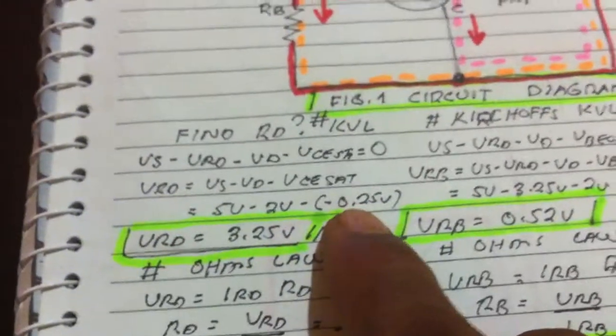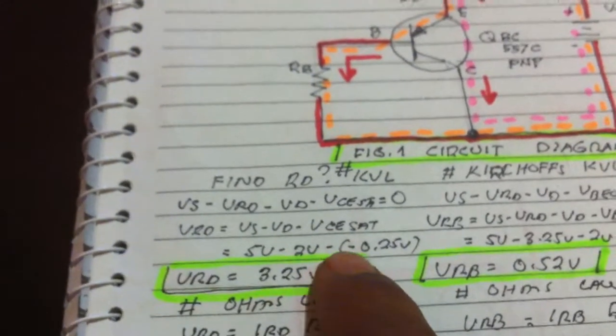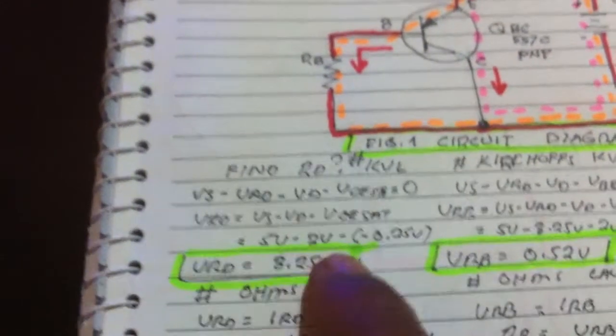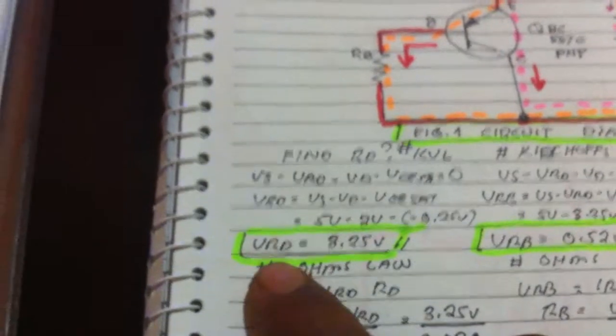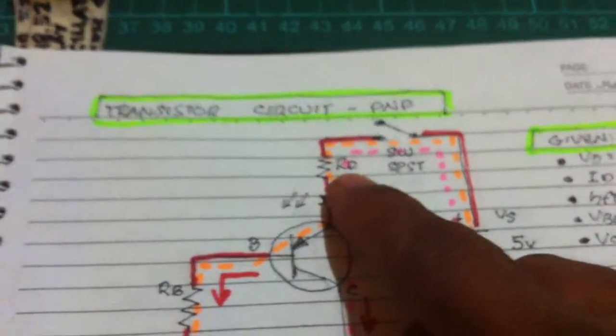In here, negative minus negative equals plus. Calculating the values, we got voltage drop across the resistor of 3.25 volts. Voltage drop across the resistor RD.